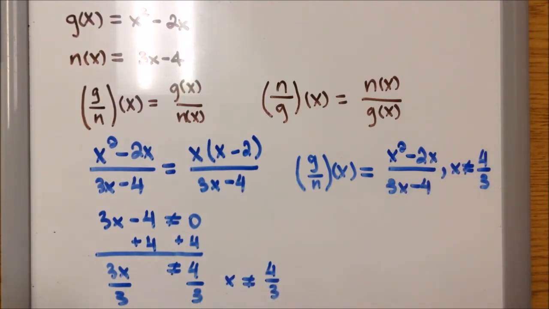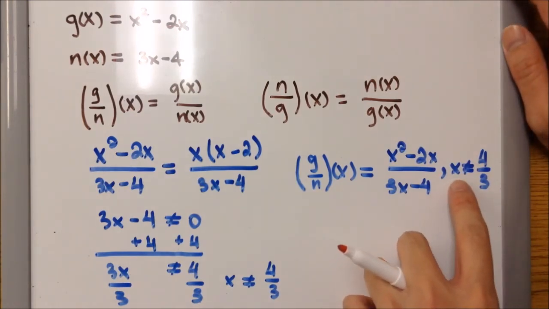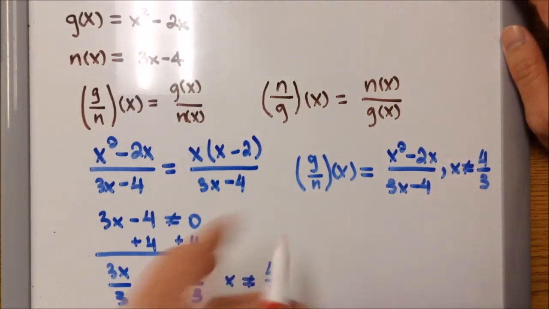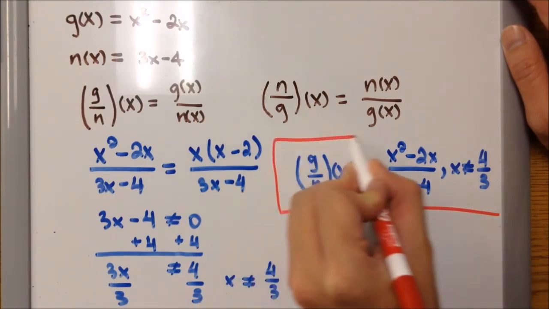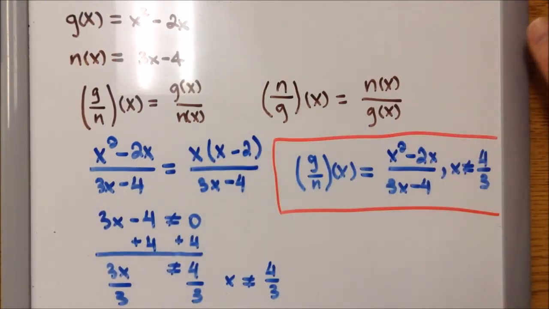So again, g divided by n of x equals x squared minus 2x over 3x minus 4, where x does not equal 4/3. So that's pretty much it, and box that up.